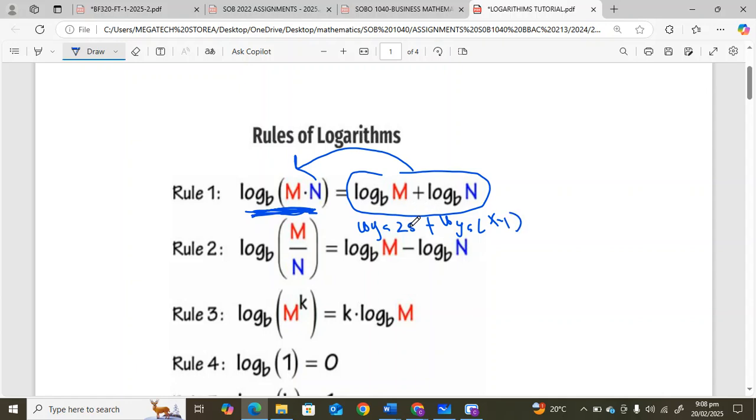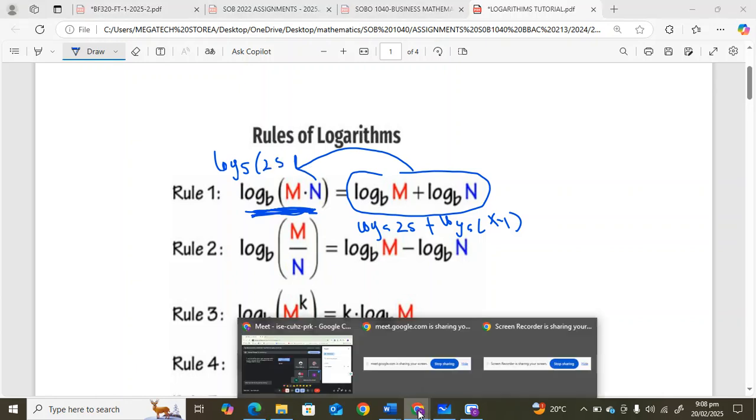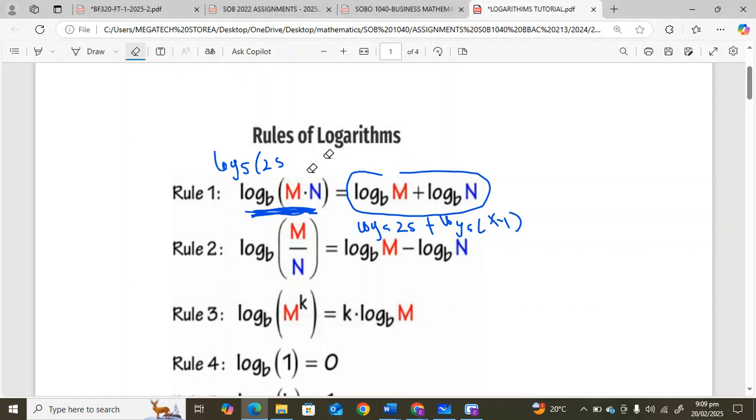So m is 25, n is x minus 1. So you can rewrite it as log 5, 25 times x minus 1. Colleagues, if you see logarithms being added, apply the product rule.